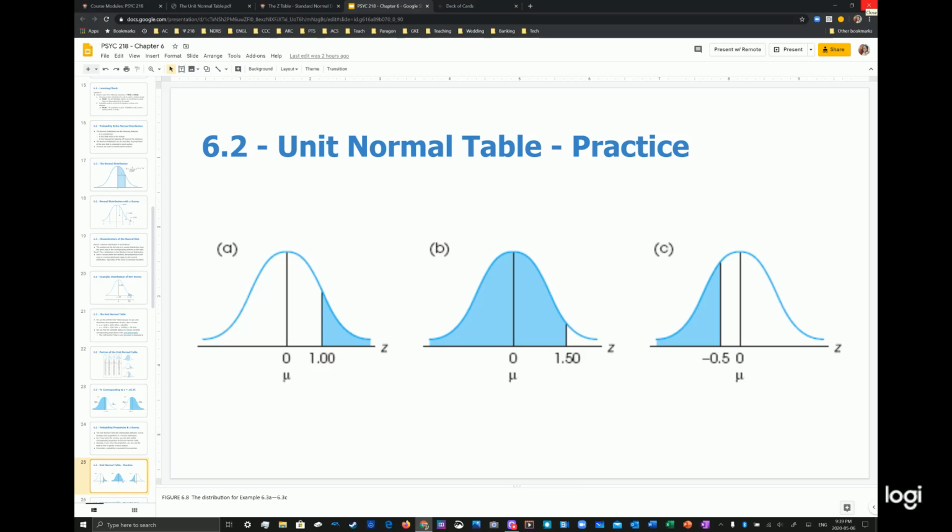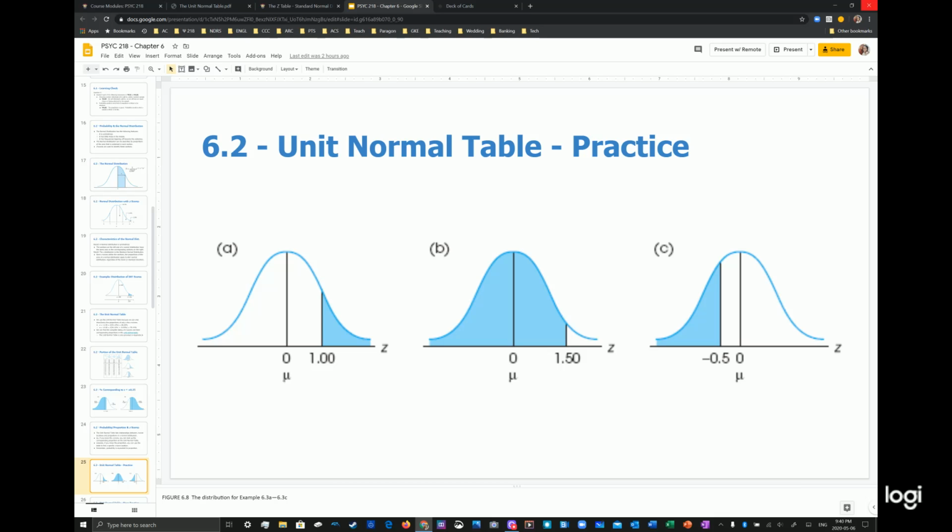So here are some practice questions for us to try. A is, what is the probability or proportion of the population that has a score that is higher than 1 standard deviation above the mean? For B, what is the proportion of the population that has a score equal to or below 1.5 standard deviations above the mean?